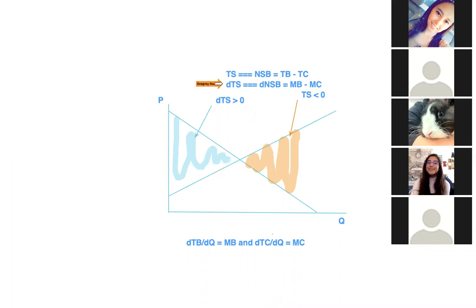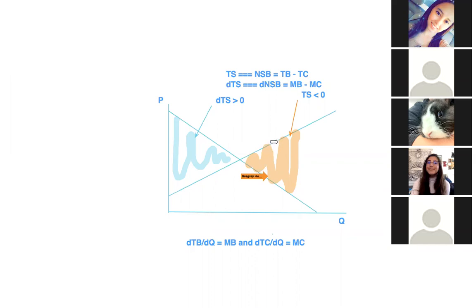That makes sense? Yes. Okay. And over here, the supply curve's above the demand curve, so the marginal cost is greater than the marginal benefit, and the difference between these two curves is going to be a negative number.